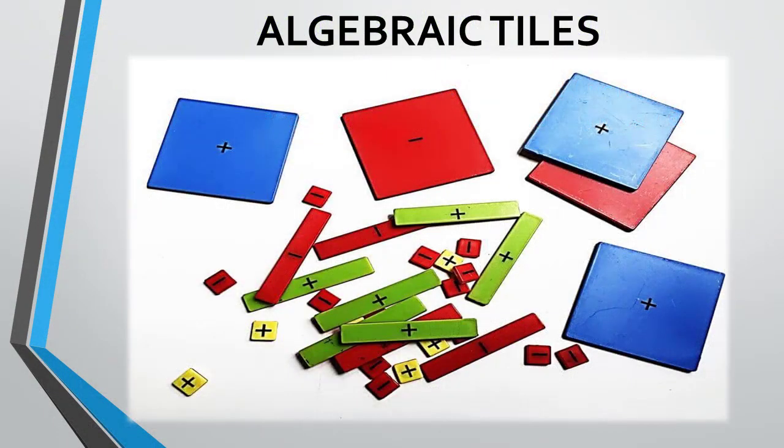For our third way, we will use algebraic tiles. Using algebraic tiles, it is necessary to keep in mind the concept of additive inverses or zero pair. Let's have these examples.